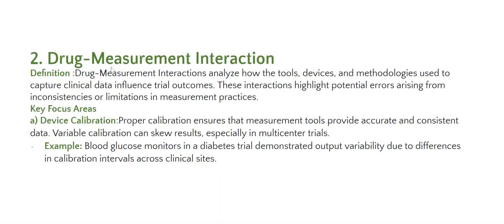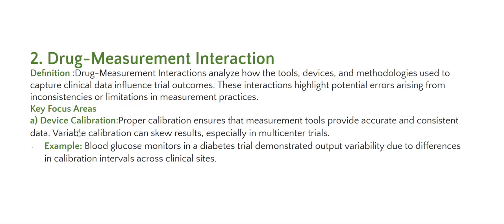Now we have the drug measurement interaction. As a definition, drug measurement interactions analyze how the tools, devices, and methodologies used to capture clinical data influence trial outcomes. These interactions highlight potential errors arising from inconsistencies or limitations in measurement practices.